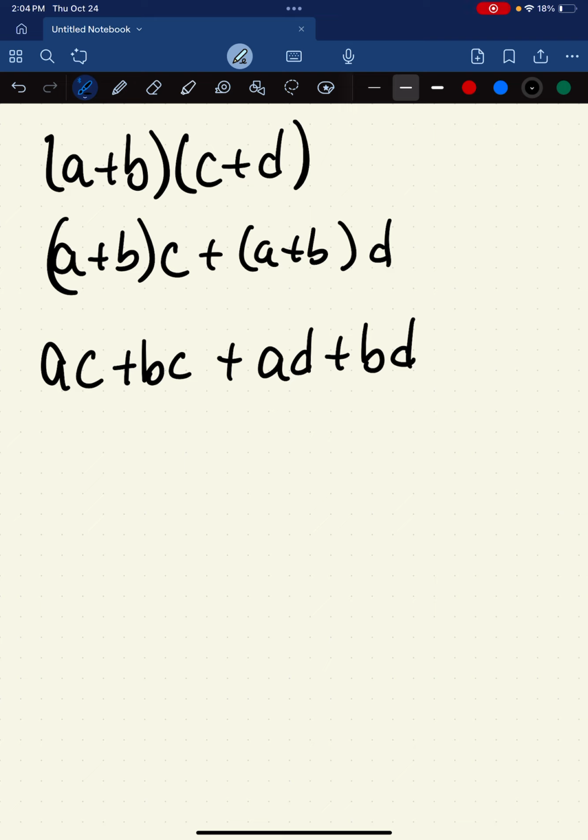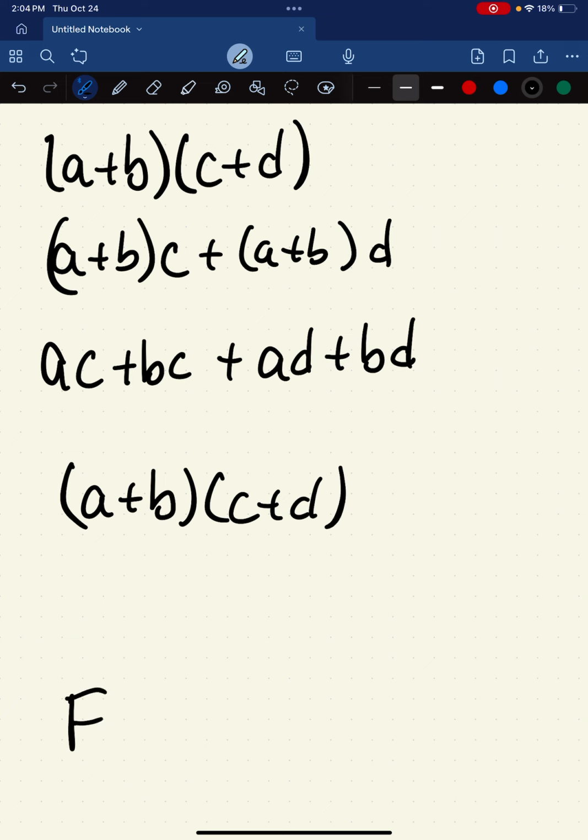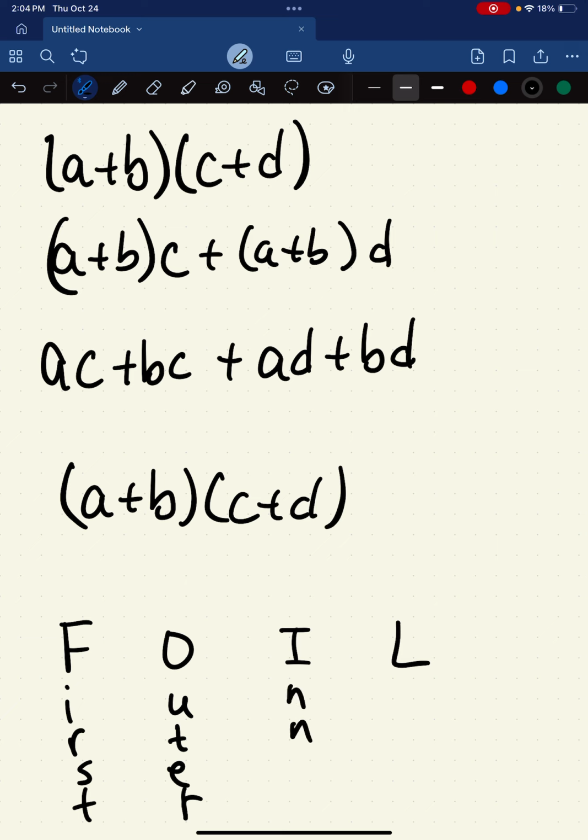There are lots of different ways to do it, but one is a method called FOIL. FOIL stands for, let me write it up here, FOIL. F is first, O is, I think, outer, I is inner, and then L is last. So we're going to do firsts, A times C, which is what we get there.